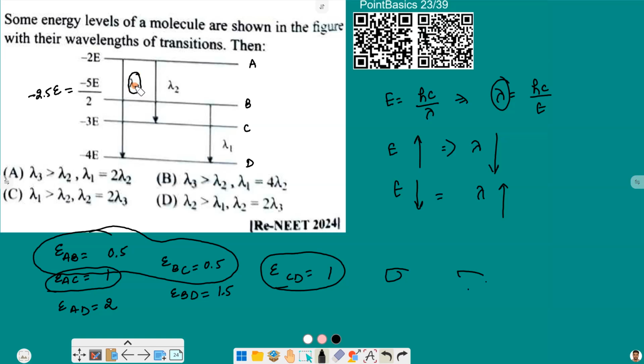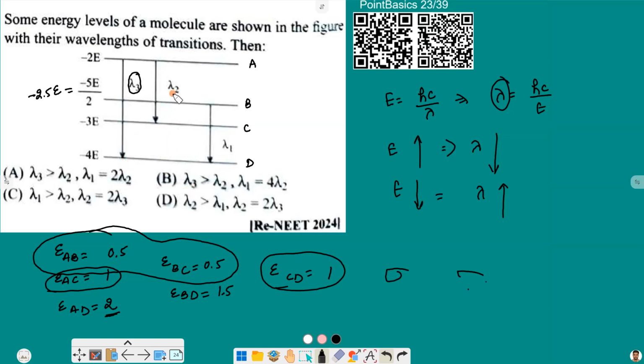Lambda 3 is the transition between level A and level D, for which we have the highest energy. From A to D, we have 2 units energy change. So we have the highest energy, so lambda will be the lowest. Lambda 3 will be the lowest. And here we don't have any such relation, so don't worry. But we know that lambda 3 will be the lowest.